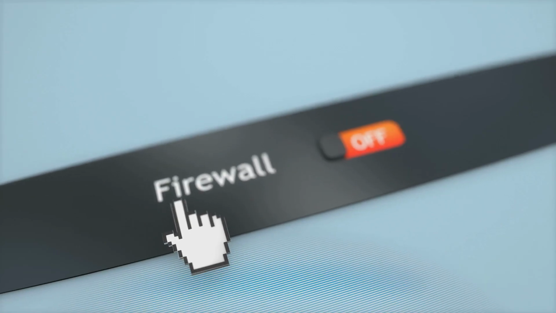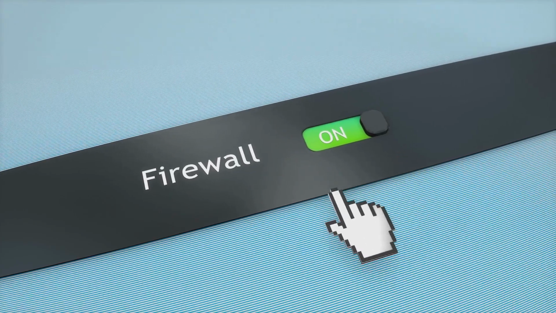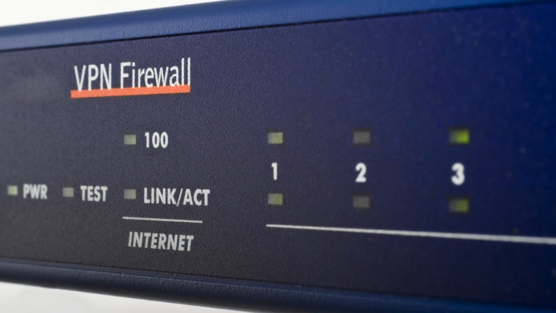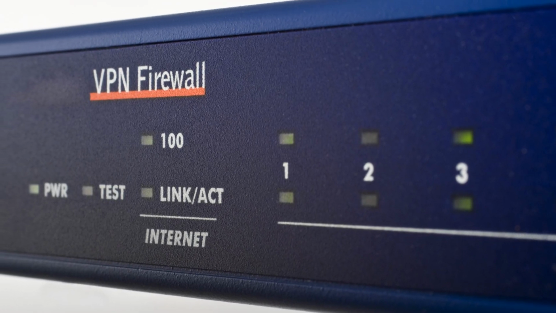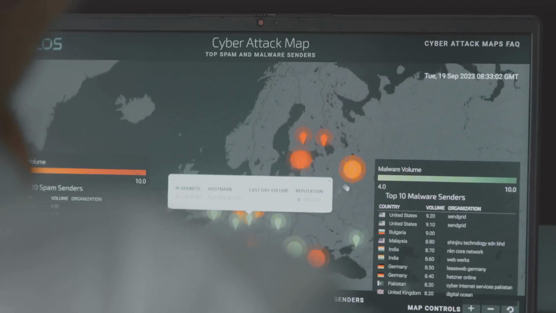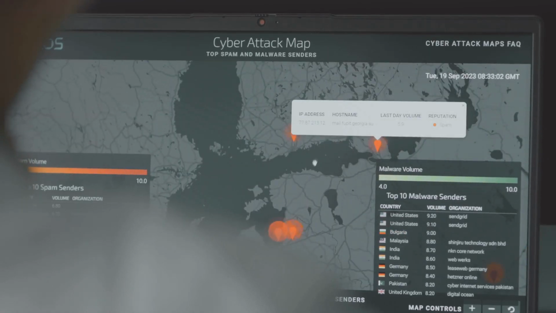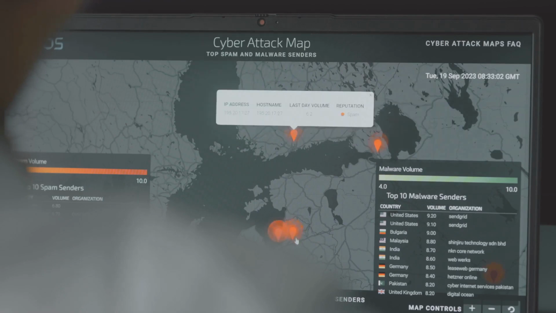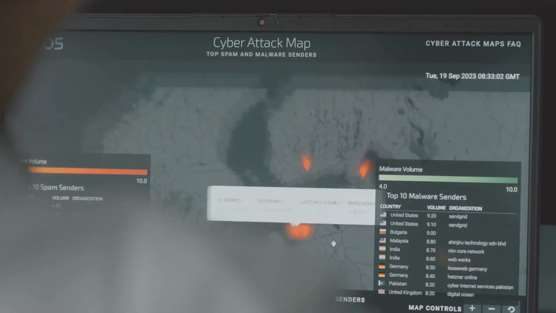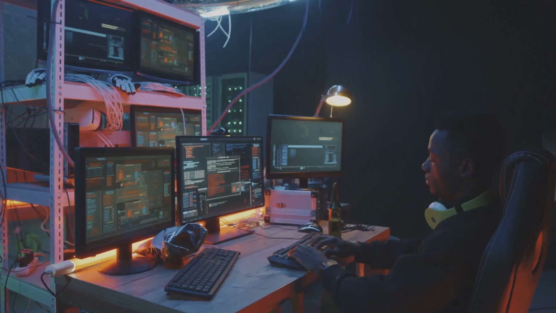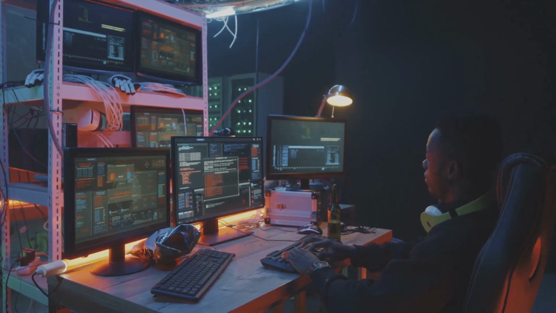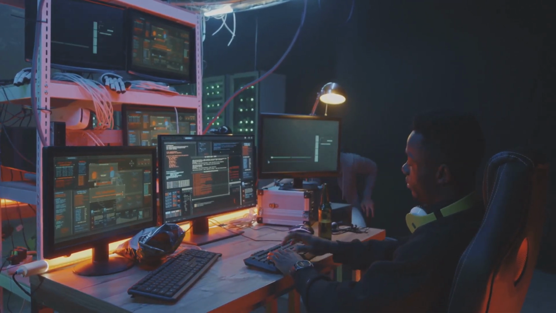I also implement robust access controls, firewalls, and network policies to govern traffic flow between these distinct network zones. For perimeter security, I deploy advanced controls for the public-facing DMZ, like web application firewalls, DDoS protection, and intrusion detection or prevention systems. I make sure that all inbound and outbound traffic to the DMZ is thoroughly inspected and monitored.